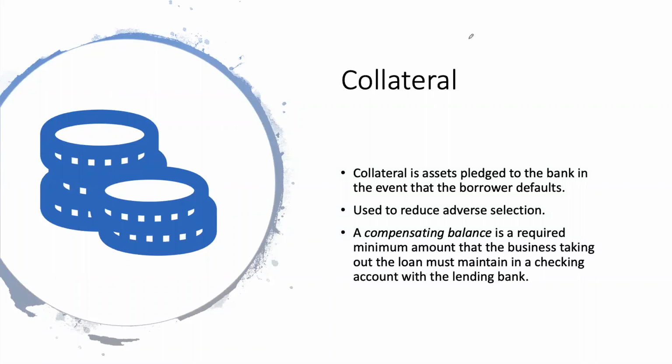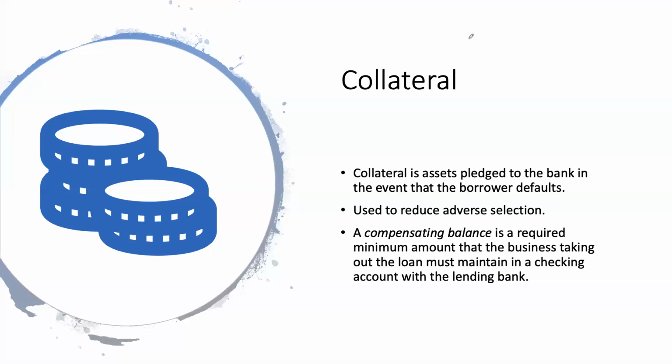Another mechanism often used by banks to manage this is what's known as a compensating balance. This is usually done when the loan size is very, very large, right? If you take a loan of, let's say, $100 million from a bank, the credit risk is really high for them to bear. So to make sure that you don't default, you're required to open a checking account with the same bank and maintain what is known as a compensating balance, a minimum balance in the checking account.